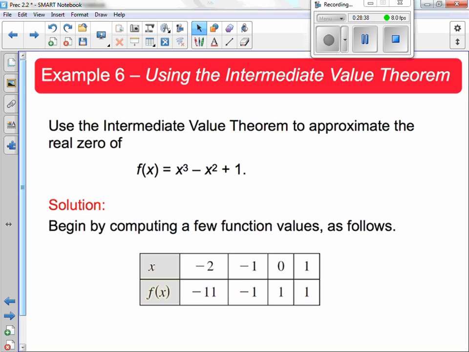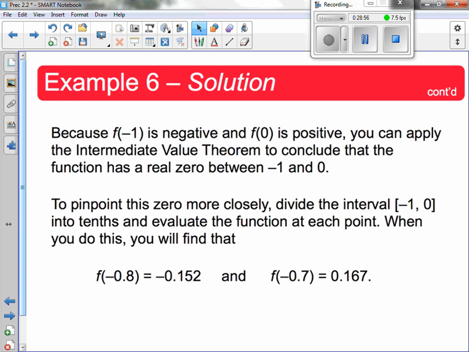So we begin by getting the function, we can graph it, and we notice here negative, positive. It has to be somewhere between -1 and 0. Because f of -1 is negative and f of 0 is positive, you can apply the intermediate value theorem to conclude that the function has a 0 between these two.